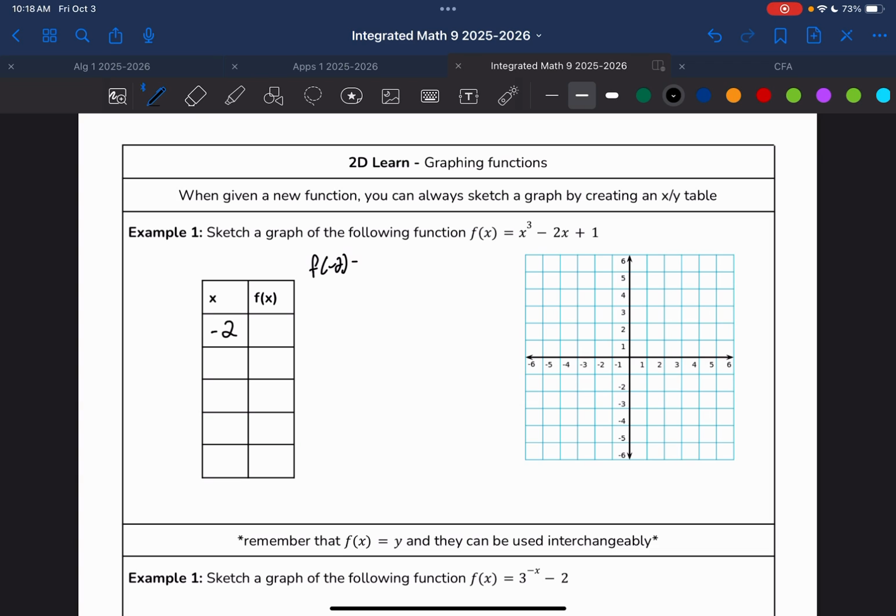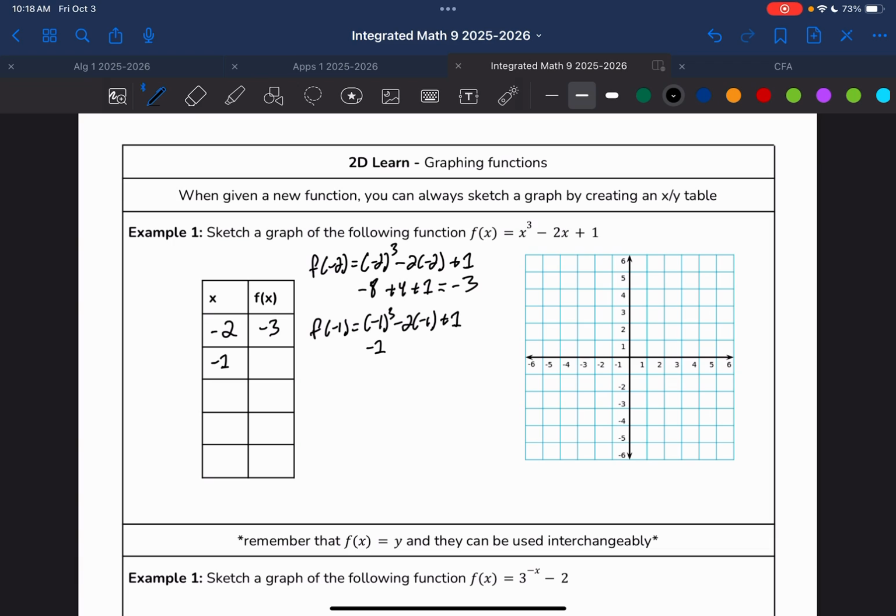So f of -2 is equal to -2 cubed minus 2 times -2 plus 1. -2 cubed is -8. -2 times -2 is plus 4, plus 1. That's going to give me -3. If I plug in -1, f of -1 is equal to -1 cubed minus 2 times -1 plus 1.